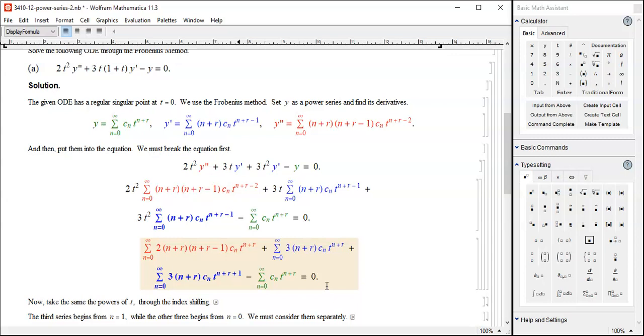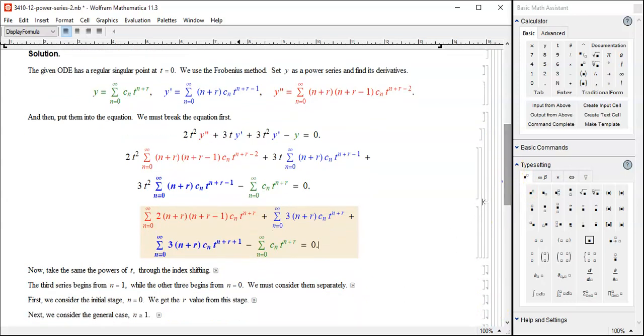So let's take some index shifting and make everything into t to the n plus r power. Okay, this one's okay. That's okay. That too is okay. This one needs some work. How do you do that? Okay, all right.